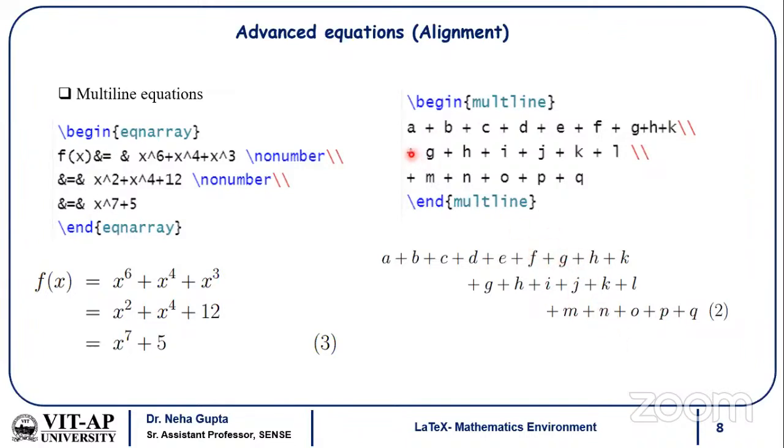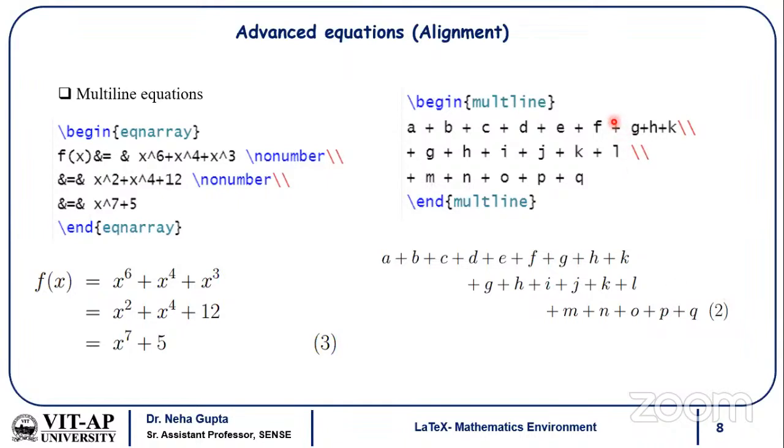Just see, I have not used any alignment and all equation array command, so I am getting this type of expression. It is shifted towards right side. This, then this, then this, and this is actually single expression. So for that, I am getting one number which is 2. Okay, so this multi-line expression will give you the equation numbering. Since this is the single expression, we are getting only for that this equation number is 2.